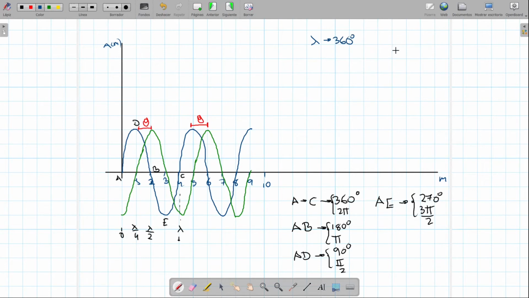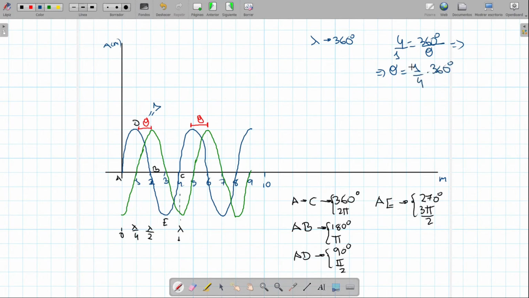Well, we can do a ratio which is going to be our lambda, which is 4, equals 360 degrees, just as 1, which is our meters, is our phase difference. And if we put theta as the subject of the equation, we get 1 divided by 4 times 360.